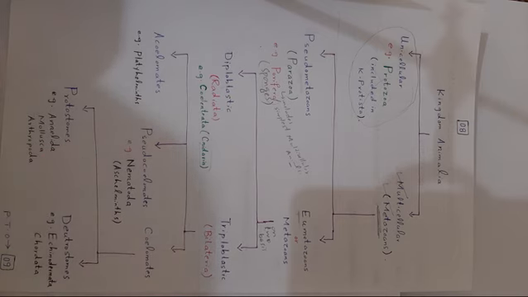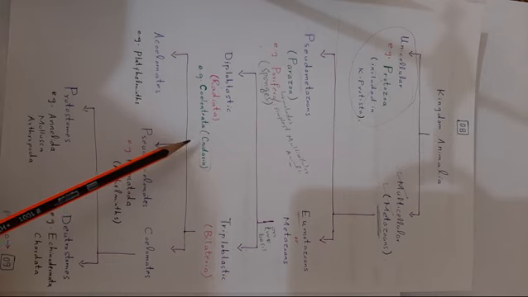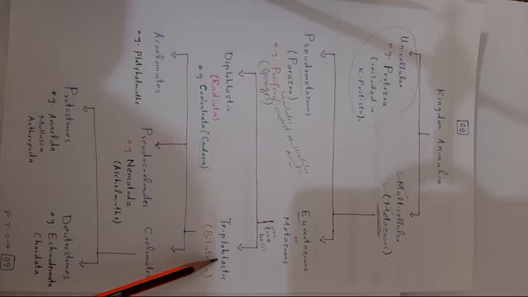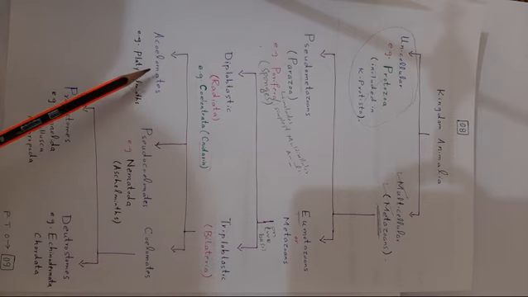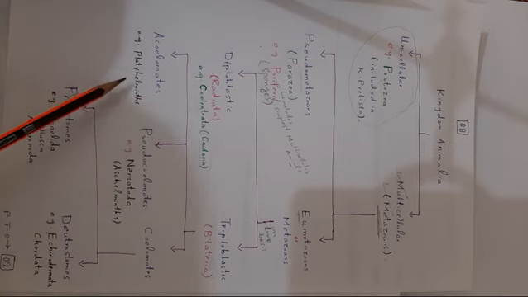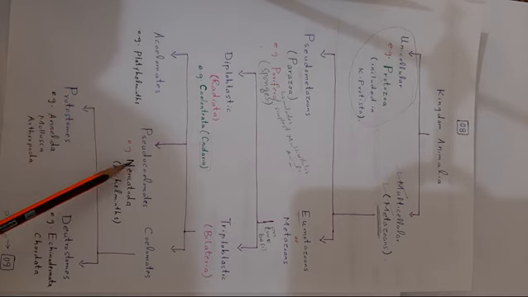Then the example of diploblastic or Radiata is phylum Coelenterata or Cnidaria. And then on the basis of the type of body cavity or coelom, the triploblastic animals are divided into three groups: the acoelomates, pseudocoelomates, and coelomates. Example of acoelomates is phylum Platyhelminthes, while example of pseudocoelomates is phylum Nematoda or Aschelminthes.